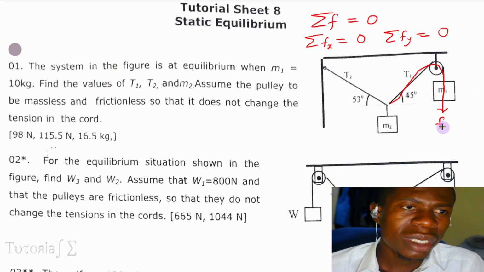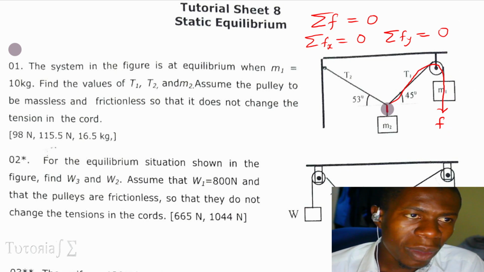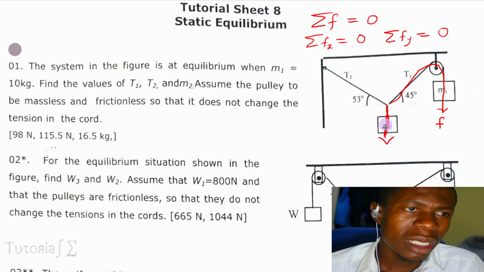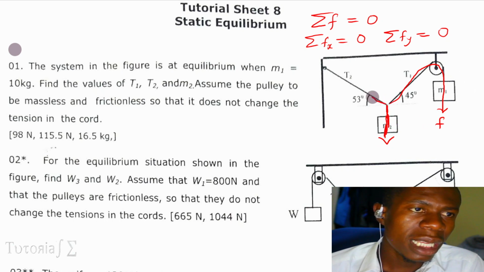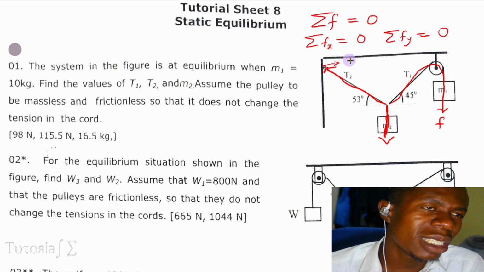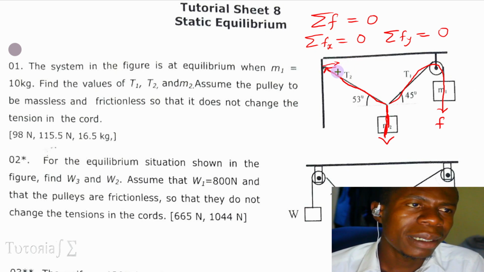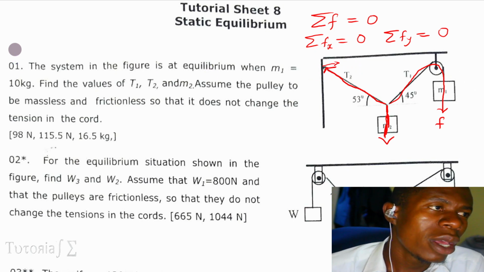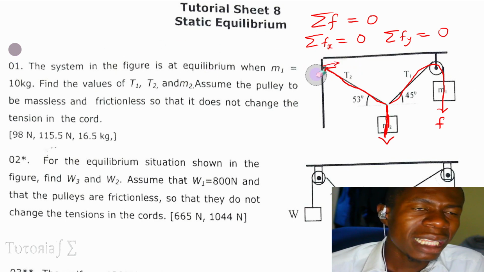The force down here is the same as the force in the string there, and the force in this string going down is the same as the force on this object. The force in this string all the way to the wall is the same as the force pulling away from the string, which is based on Newton's third law.